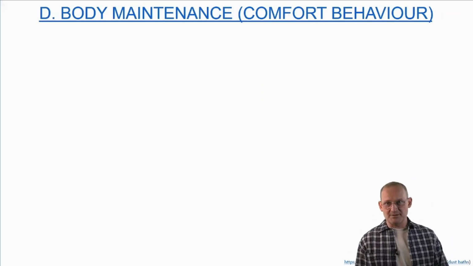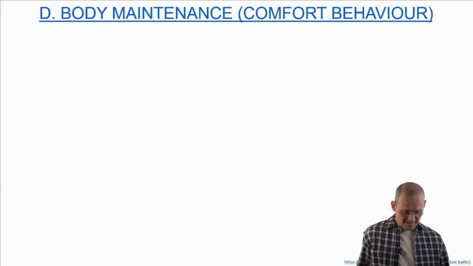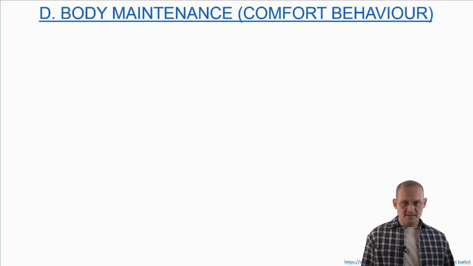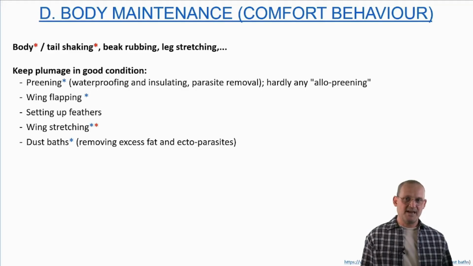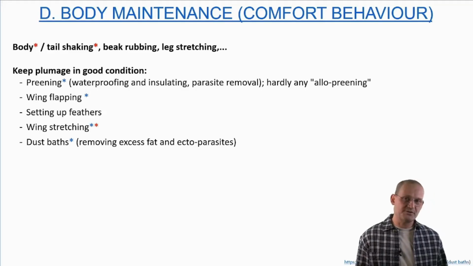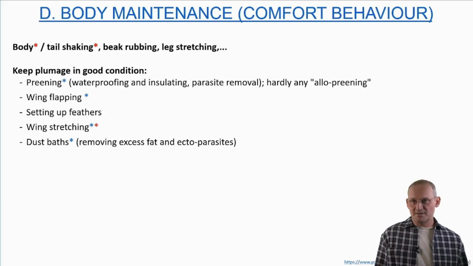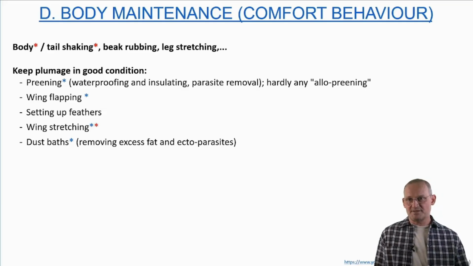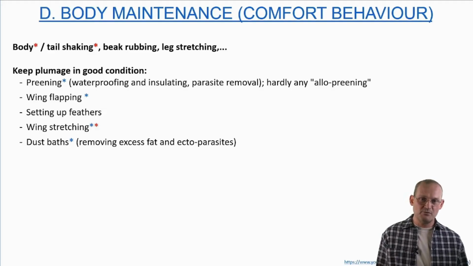Let's move now to the other behavioral system, the one of body maintenance and comfort behaviors. Included as comfort behaviors are body and tail shaking, beak rubbing, and leg stretching, but also anything to do with keeping their plumage in good condition. That includes various behaviors such as preening, which is important for waterproofing and insulating, and also for parasite removal.